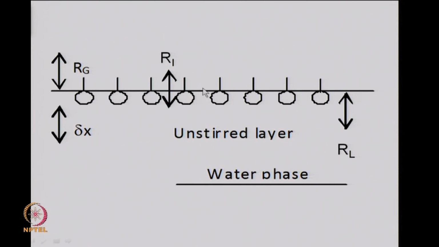Ri may not matter if the reaction is in the surface, but if the reaction has to take place in the bulk of either gas or liquid, then even the interfacial resistance will come into picture. Generally, this is the resistance which is omitted in the introductory undergraduate discussions on mass transfer, but we will take that into account. And I had briefly told you something about Ri, we will look into it a little deeper today.